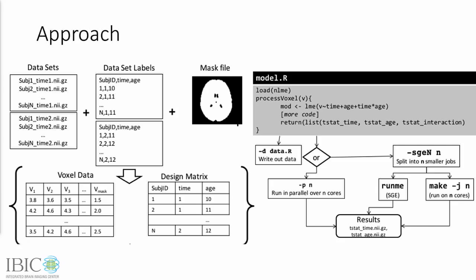You provide a model, and that defines a process voxel function. So you can put any model in there that you want. And as long as you give names to the things that you return out of that function, it will use those names and generate output files with those names. So the sky's the limit, and this is probably the most confusing thing about it, is that you can do any sort of modeling you like in there at all.